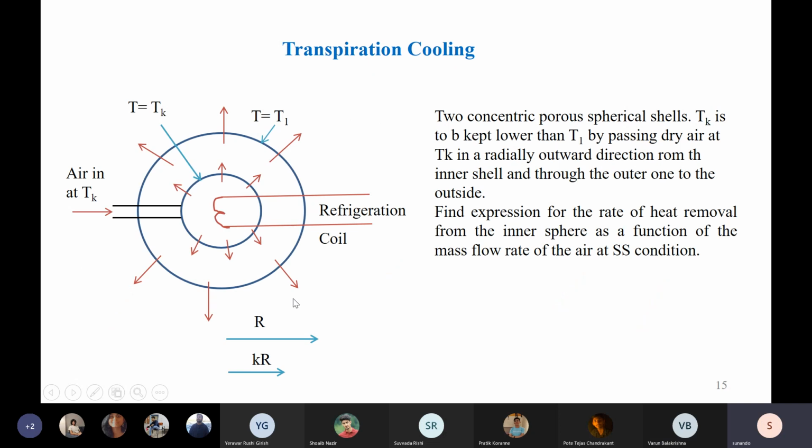Go back to this equation. It is a slow flow of air which comes in, leaves, and then reaches the outer sphere, where we did not mention anything about the relative size of R and kappa R. That means the gap between them could be substantial, not like the previous problem where the outer one and the inner one are very close to each other.